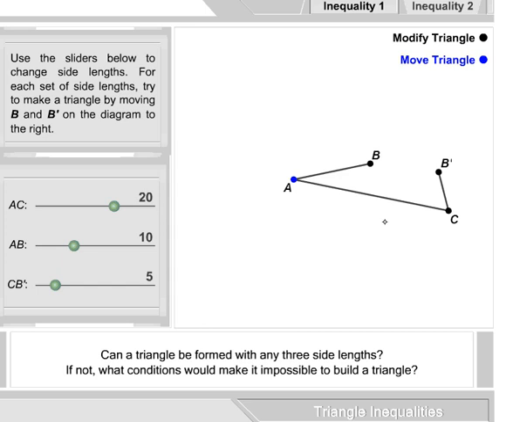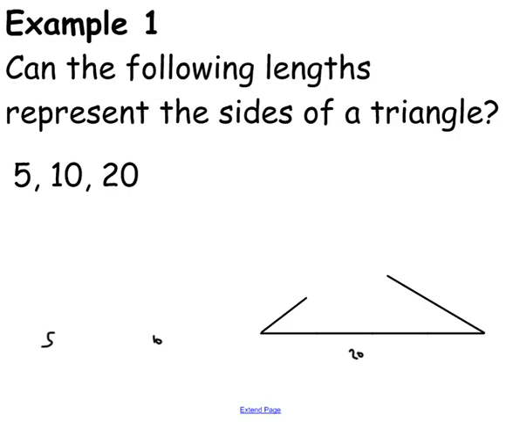You can see here that CB is 5, so this is a 5 unit long segment. AC is 20 and AB is 10. I can try to manipulate this any way, and these will never touch to form a triangle. So it actually turns out that you cannot form a triangle with these 3 measurements. So the answer to example 1, can the following lengths represent the sides of a triangle? The answer is no.